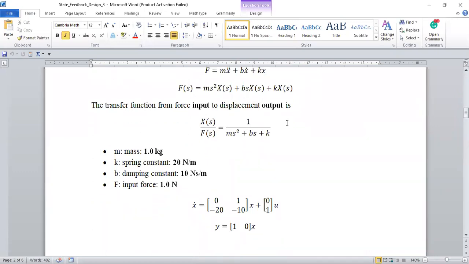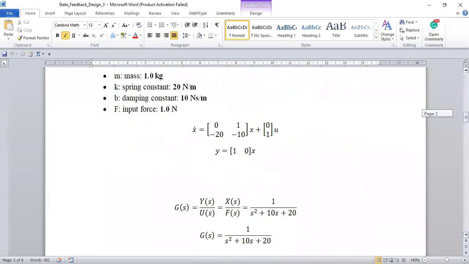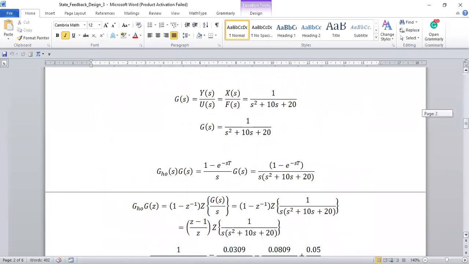So I told you that for today's class, we are going to address something we did not include last class: the zero order hold in the transfer function. The zero order hold is used by the computer to convert from discrete time into continuous time. The computer has an analog to digital converter and a digital to analog converter, so it doesn't see things in the continuous time domain.